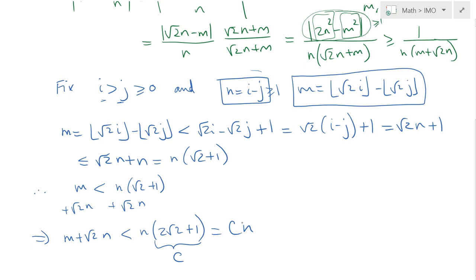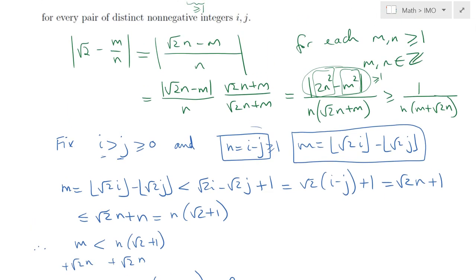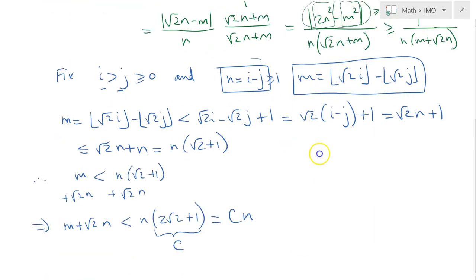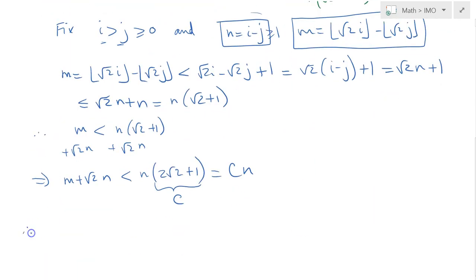Now, also combining everything we got so far into the earlier inequality. So let's go back to this earlier inequality. Let me rewrite it. We have found earlier that the absolute value of root 2 minus m over n is greater than or equal to 1 over n times m plus root 2 n. And now it's time to plug in all these results that we have just found.